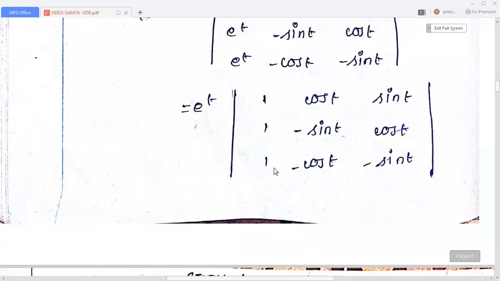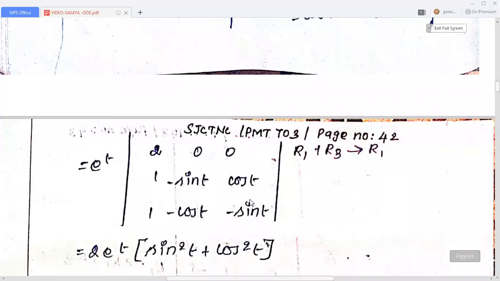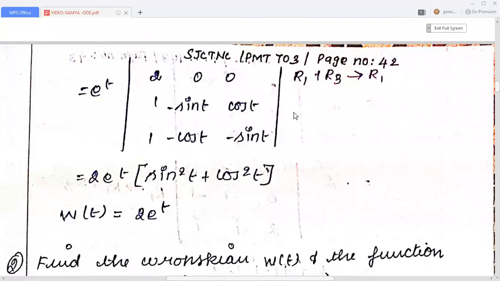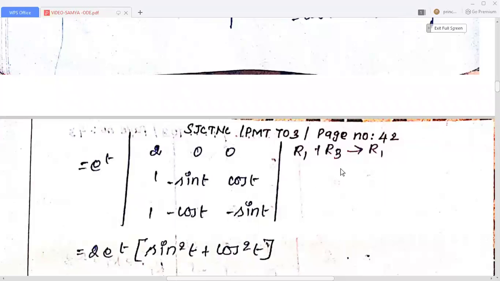To expand this determinant, we can simplify it using elementary row operations. If we simplify this determinant, we can easily expand it. Therefore, we apply the elementary row operation R1 plus R3 goes to R1.